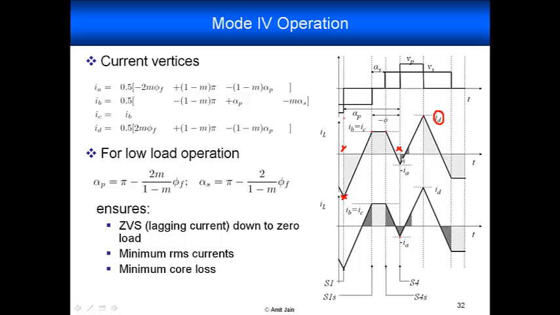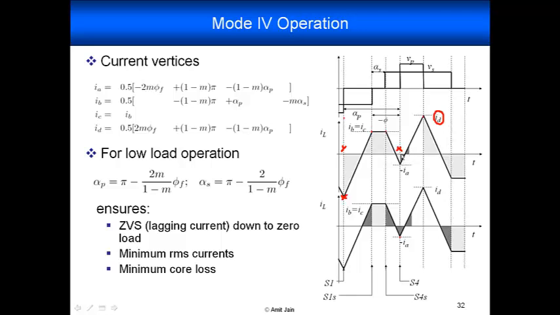The area which is shaded with dark gray, that is the part in which some power is being transferred first from the transformer back to the bridge, and then being transferred from the bridge to the transformer.